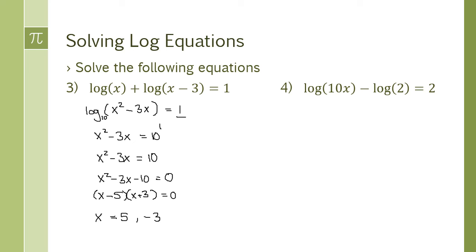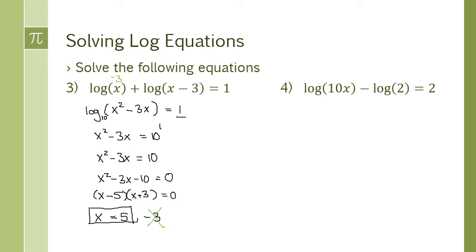If I try to go back in here and take the log of 5, that'll work out just fine. But if I try to plug in negative 3 for x, now I'm taking the log of a negative number, and that's undefined. That tells me that negative 3 is an extraneous solution. So my real solution set here is only x equal to positive 5.